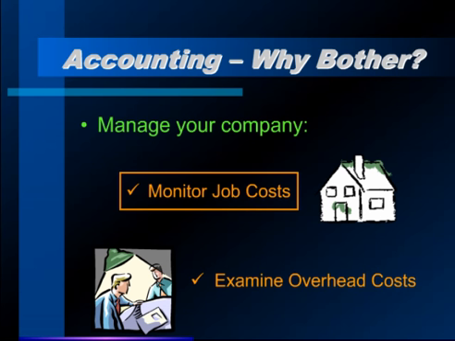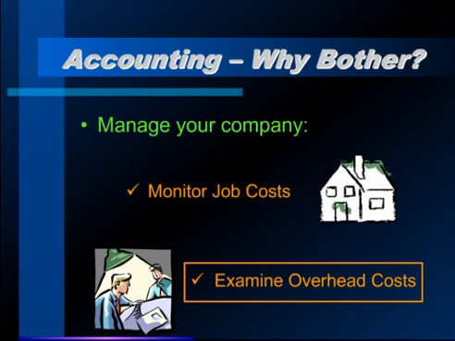When we can control the outcome of each and every job, we can ultimately control our bottom line profitability. And if we can see our numbers regularly, we can begin to examine overhead costs more closely. If we can clearly see what it's taking to keep our company running, regardless of the number of jobs or projects that we have underway, we can spend those dollars to get the most bang for the buck.